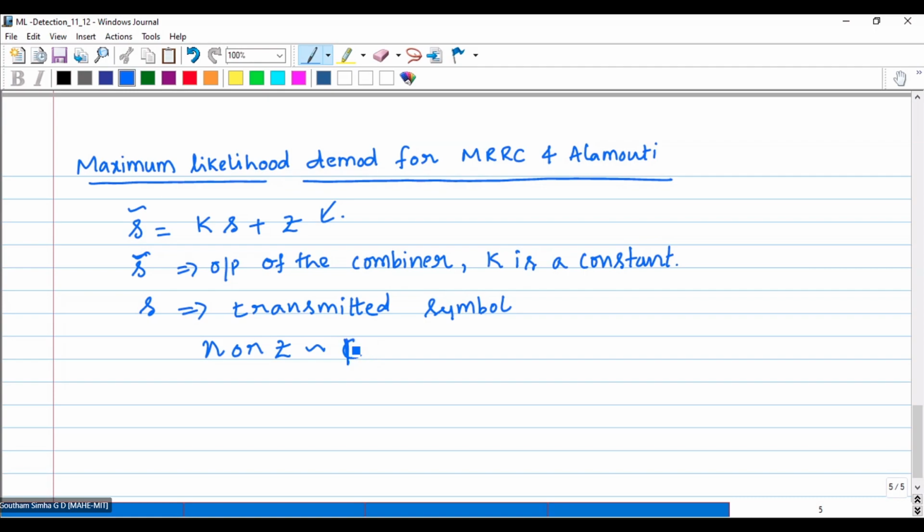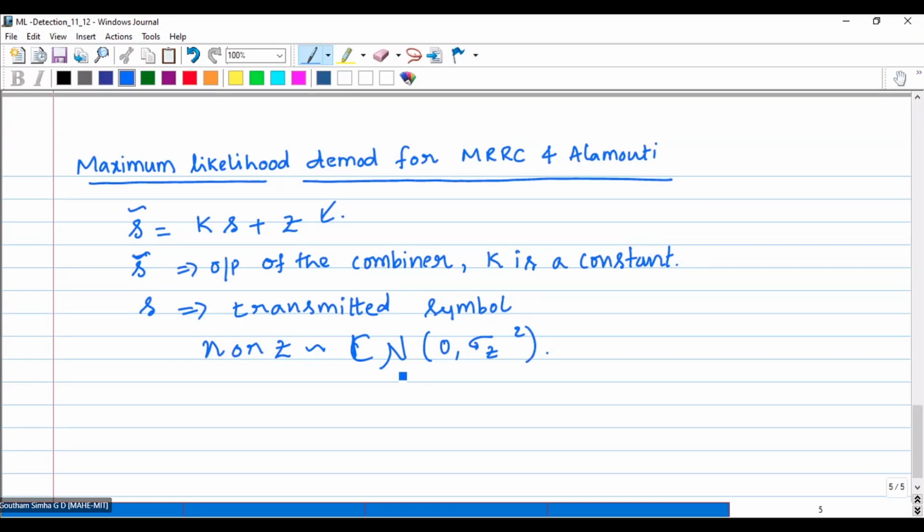This is my C complex. C is written with a line over it, and normally distributed with zero mean and variance sigma n square or sigma z square.